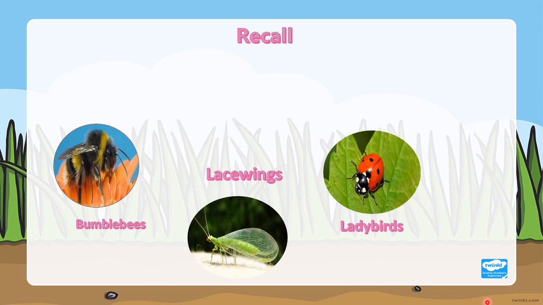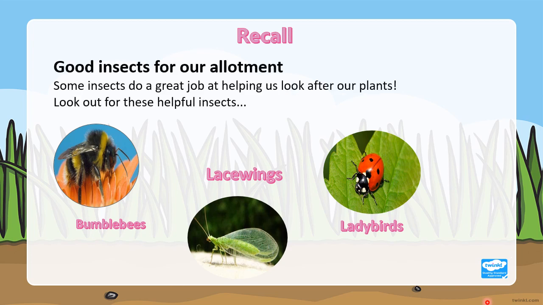Where do we find them? In a microhabitat. Why are they so important? Because these are good insects for our allotment. Some insects do a great job at helping us look after our plants. And this is the best example of them.